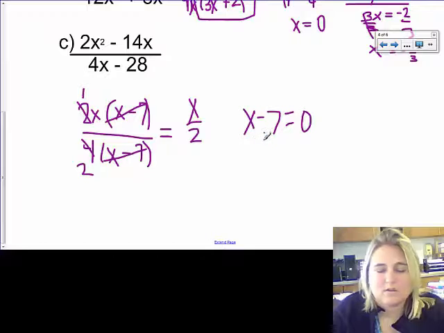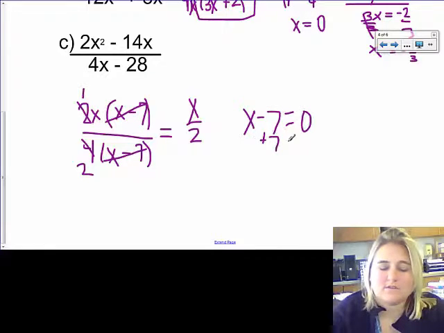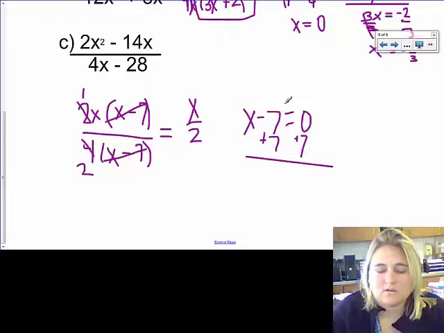And to get x by itself, we add 7 to both sides. So I'm left with x equals 7. This is my final answer.